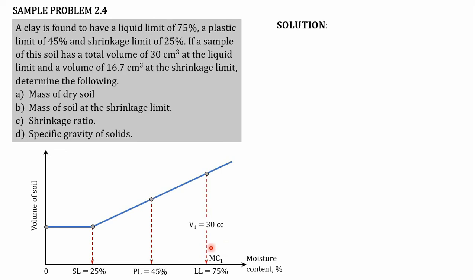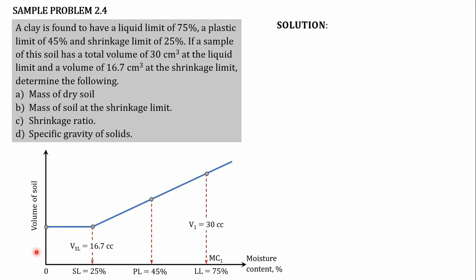It is also said here a volume of 16.78 cubic centimeter at the shrinkage limit. So the volume of soil at shrinkage limit is 16.7 cc. And we know that the volume at shrinkage limit is the same as the volume of dry soil.